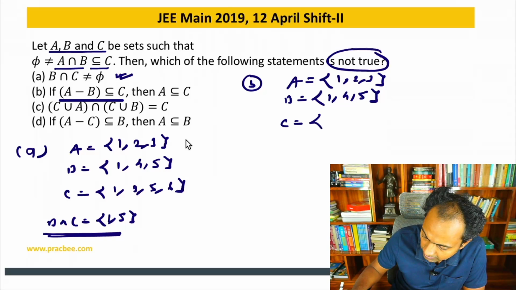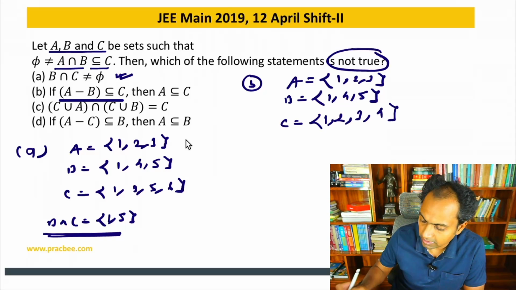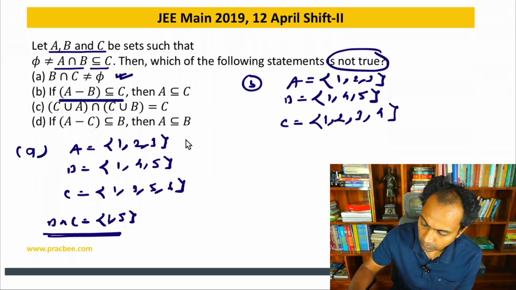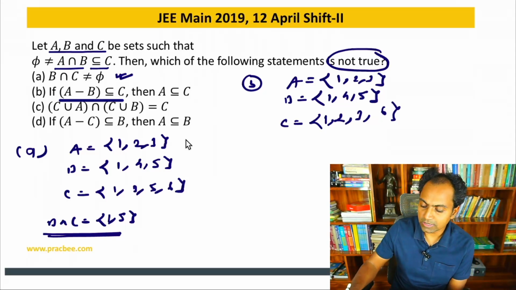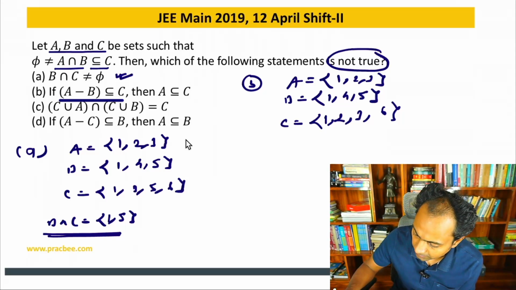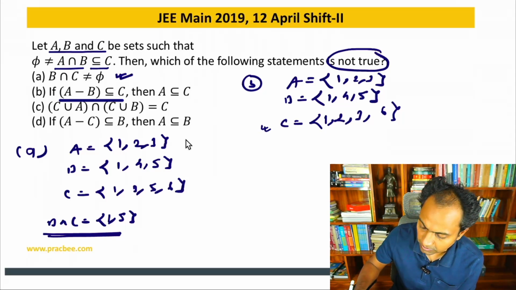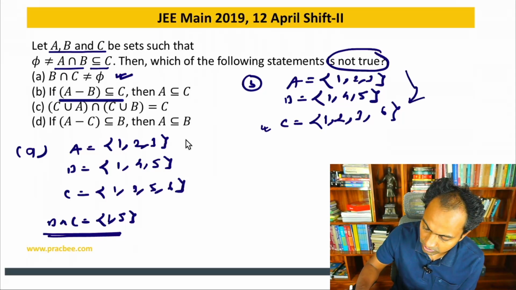So, let us write our C set as 1, 2, 3 and 4. Let us write it like this: 1, 2, 3 and 6. Yes. Now, this question says that A minus B is a subset of C. So, A minus B would be nothing but 2 and 3, and you can see that it is a subset of C. Then A is a subset of C. So, clearly you can see that that is also happening. So, this statement is also correct.